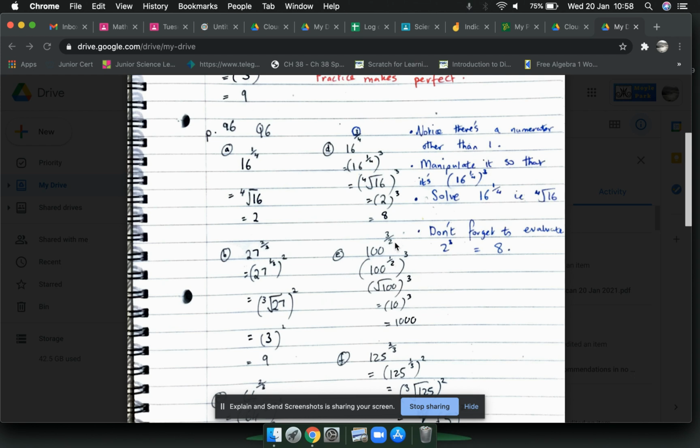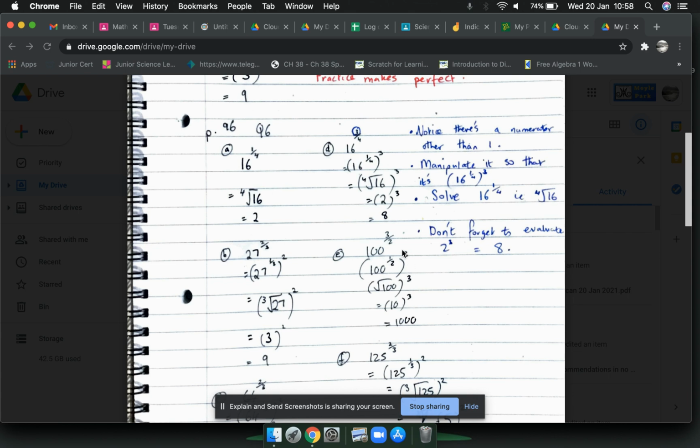So what we want is to keep the same denominator, but have a numerator of 1. So I take 100 and change that to the power of a half, and then I put brackets around that and say that is to the power of 3. The reason it's to the power of 3, remember, is because when you have an indice, a bracket, and an indice, you multiply those indices together.